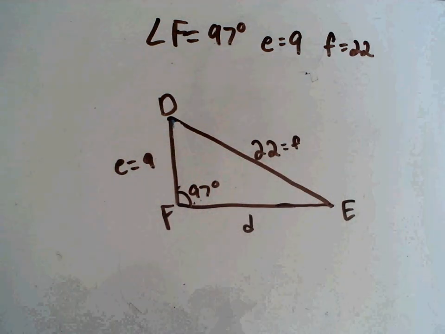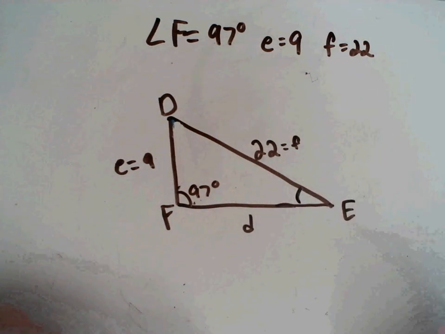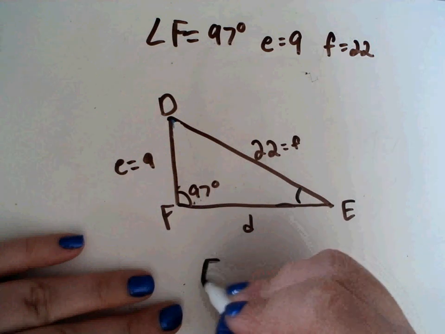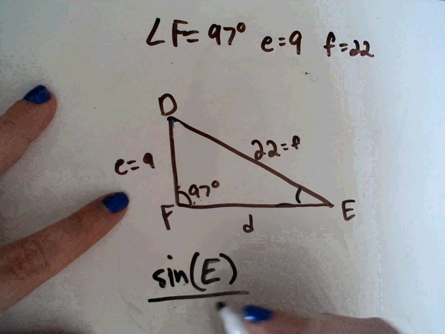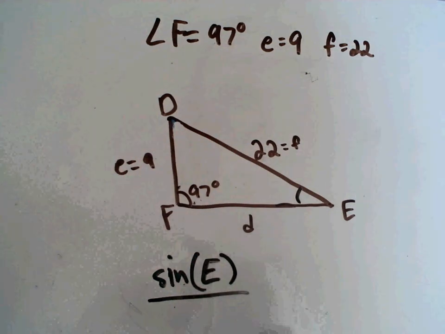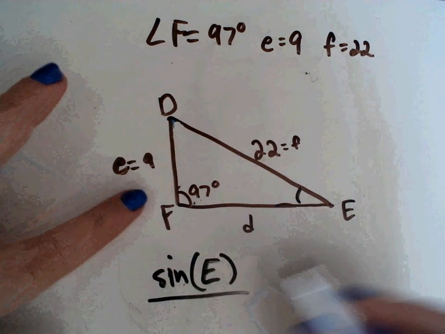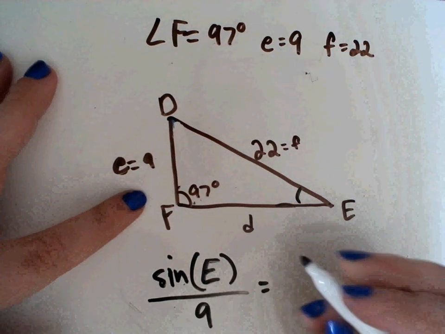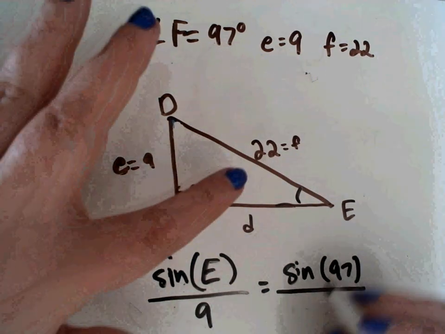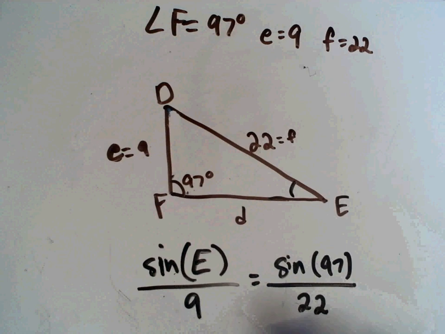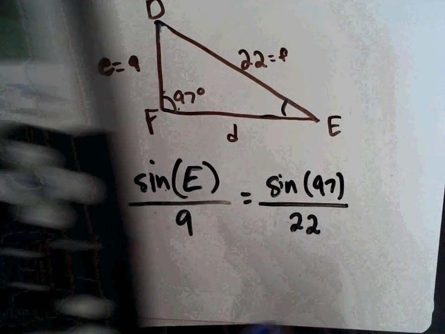97. Okay. We're going to do law of sines with the angle and side pairs. I'm trying to solve for, first, let's go with angle E. I always start with what I want. If it's an angle, I put sine of it divided by side E, equals sine of angle F over side F. Then we multiply by 9 and take the sine inverse.